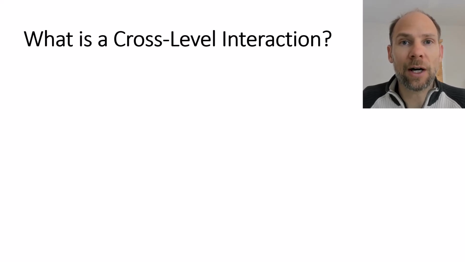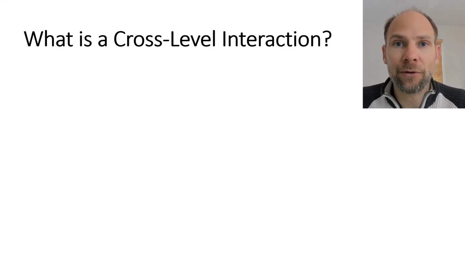Now here I'm going to talk about the case of cross-sectional multi-level analysis, where level 1 are the individuals and at level 2 we have groups. For example, we may have students that are nested within school classes.